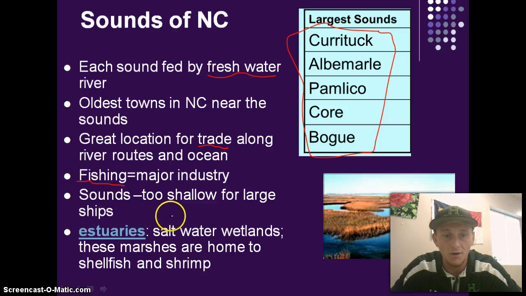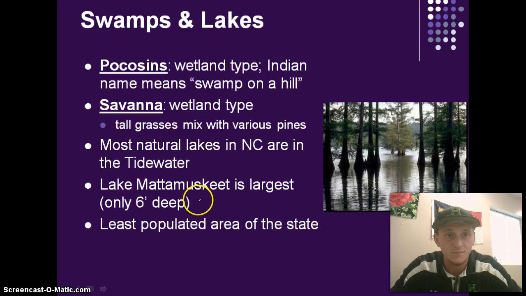An estuary is a saltwater wetland, home to lots of shellfish and shrimp, like oysters, clams, stuff like this. Okay, swamps and lakes. The picture over here is a savanna, but first you have pocosin, a wetland type that means swamp on a hill in Indian.